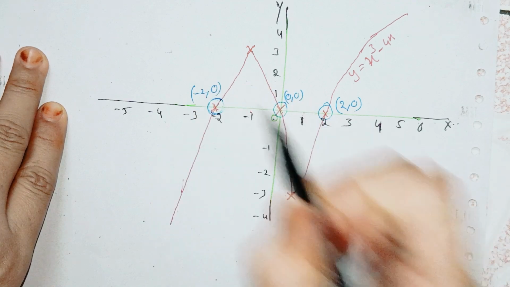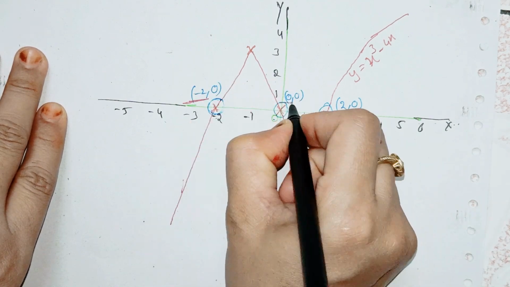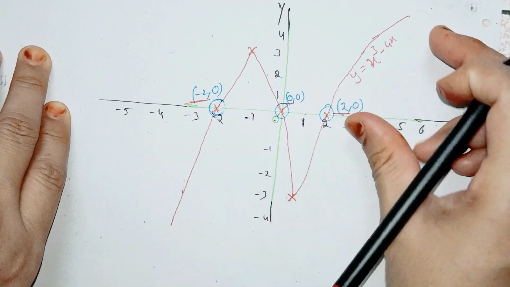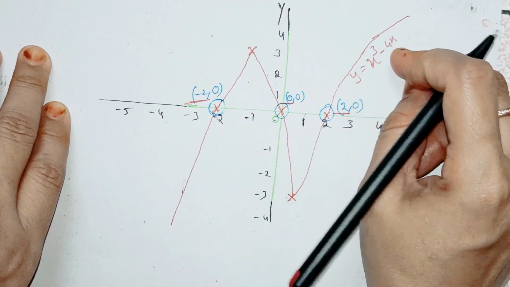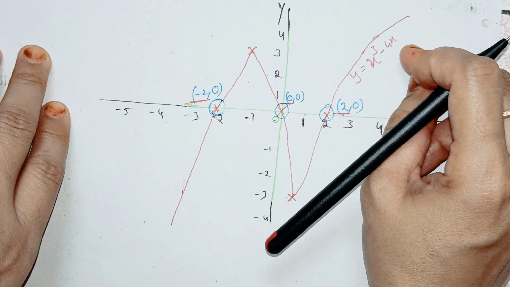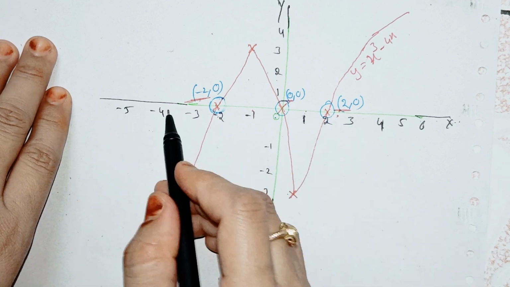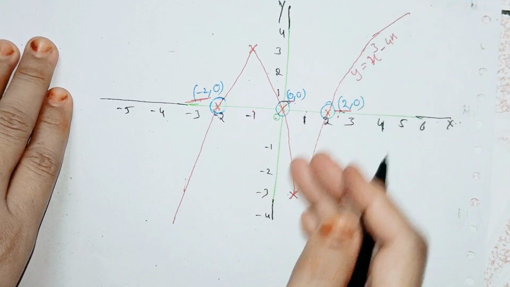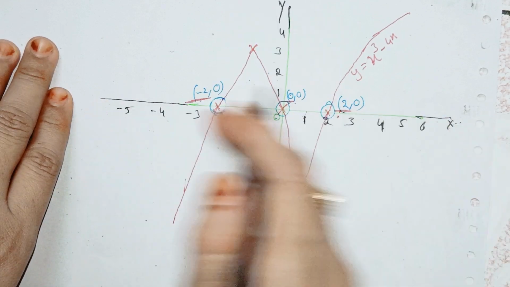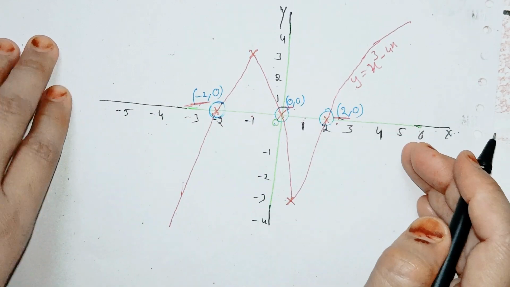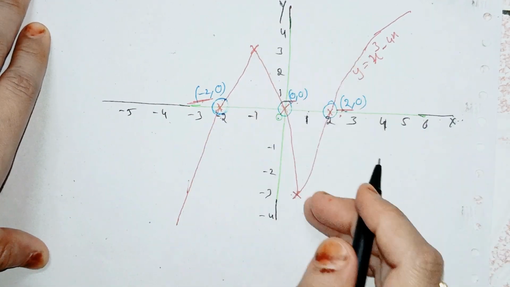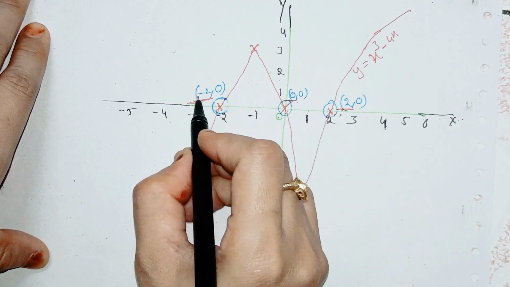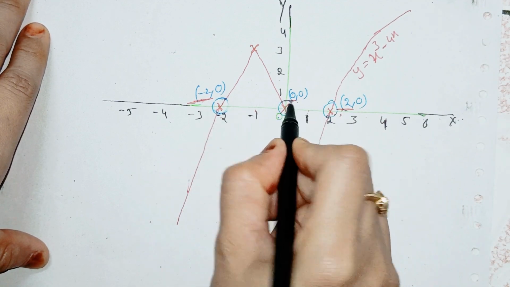So minus 2, 0 and 2 are the zeros of this cubic polynomial x cube minus 4x. So what I told you, the zeros of any polynomial are the x coordinates of the points where the graph cuts or intersects the x-axis. This graph cuts the x-axis at 3 points, that is minus 2, 0 and 2.